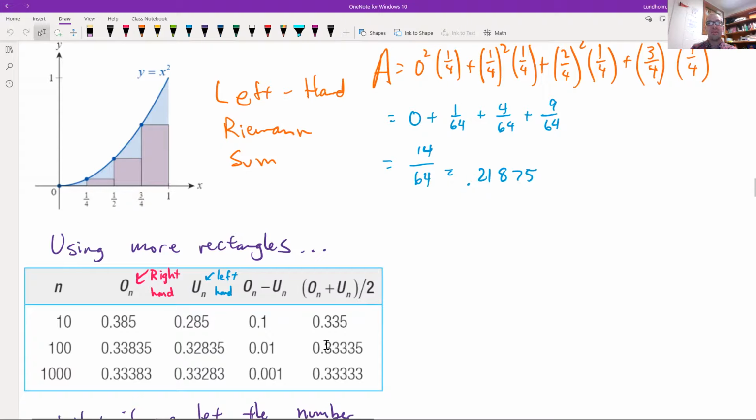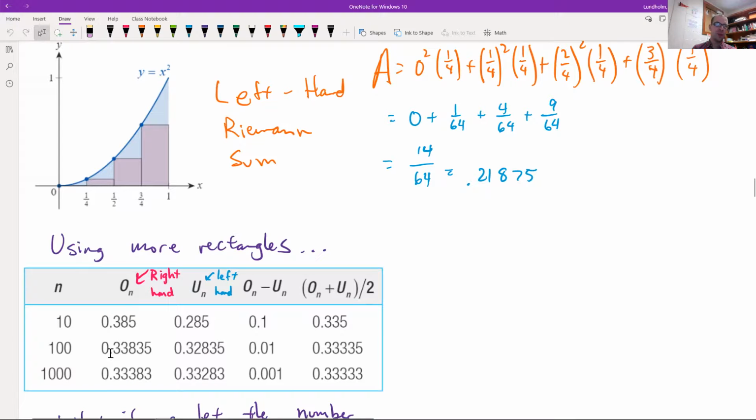And this is actually something special called the midpoint rule, where if you're taking the average, or actually, this would kind of be the trapezoid rule. Not important at this point. But when you take the average of the overestimate and underestimate, it's likely that you would be getting pretty close to the actual answer. And so the entire time, this has been pretty close to 0.33, 0.3333, 0.3333.